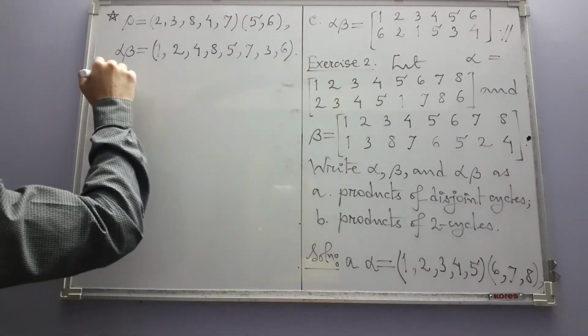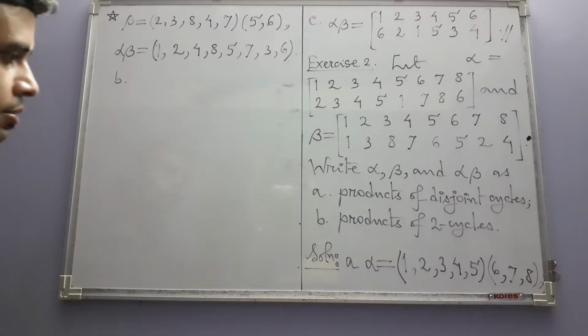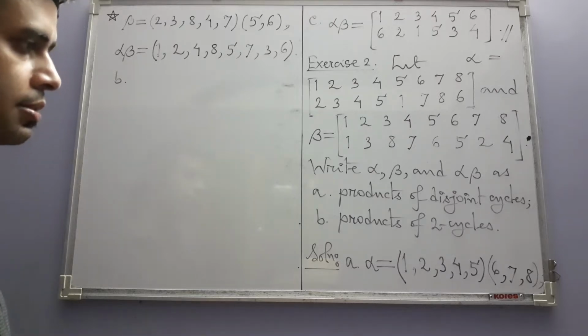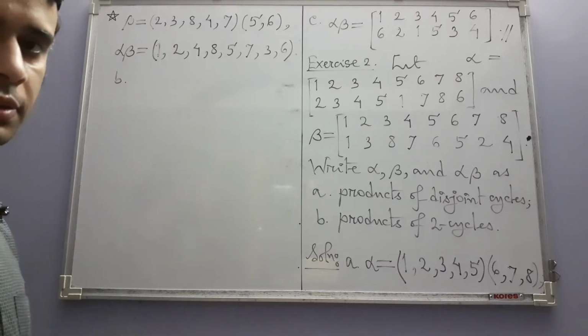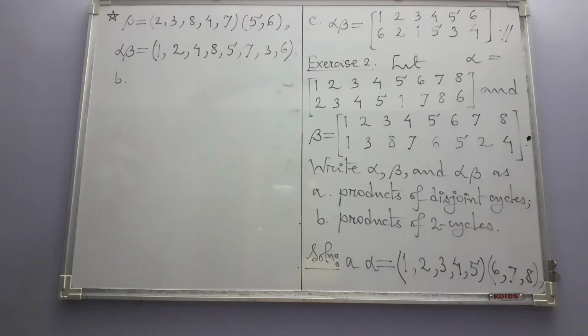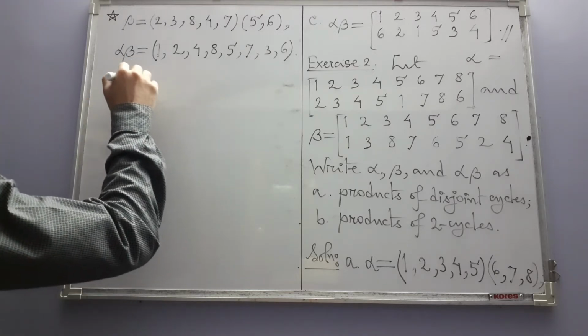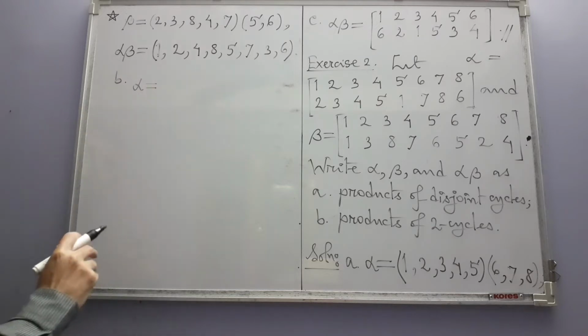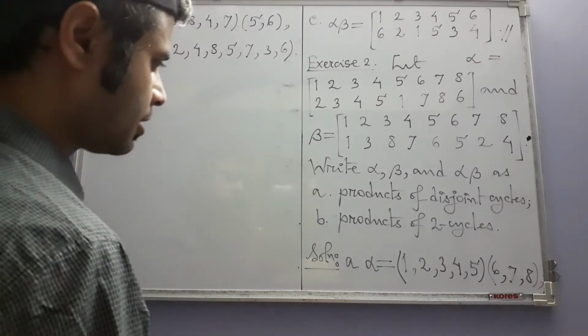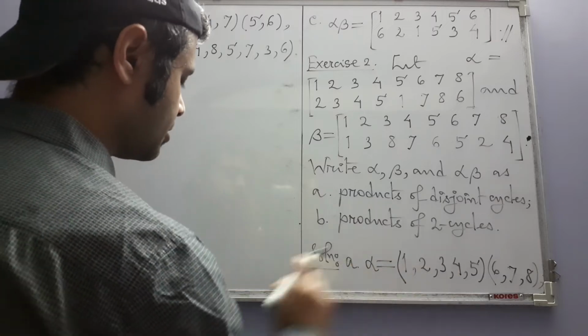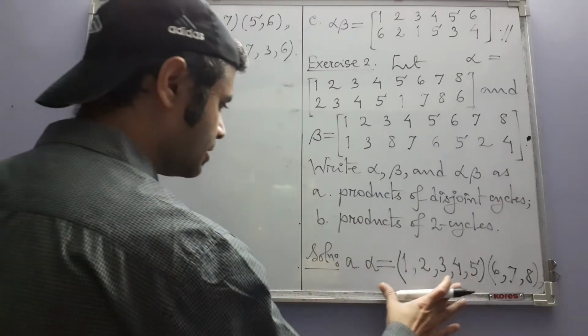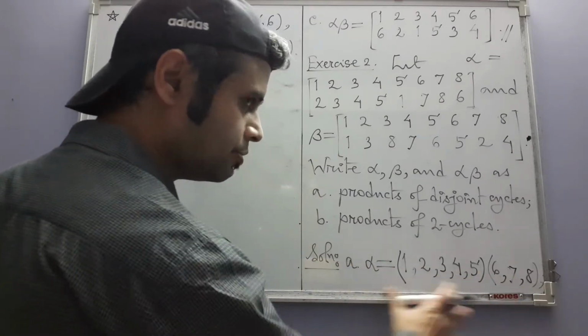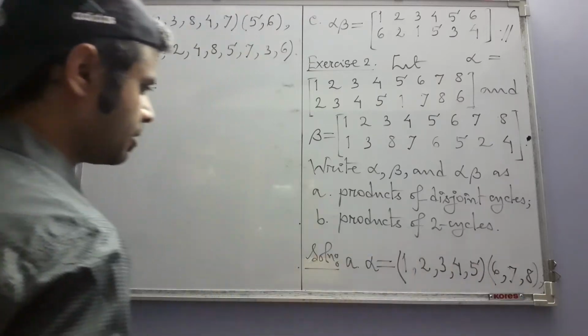And then in part B, we have to write these things as products of 2 cycles, transpositions. And that we can do using one of the ways of writing a cycle itself as a product of transpositions. For example, this is our alpha. We can use this and start from here.